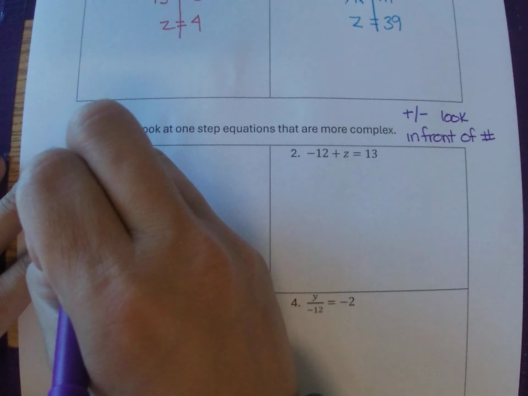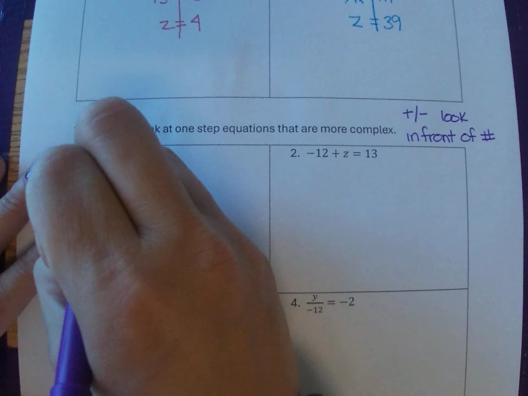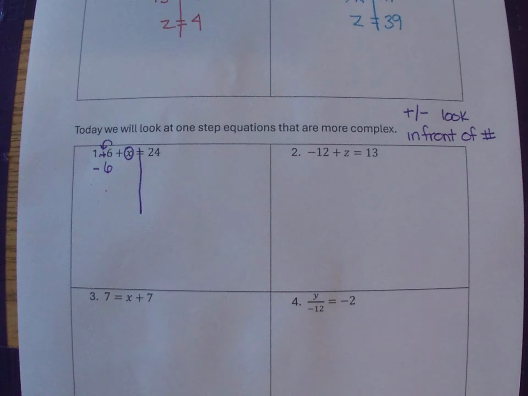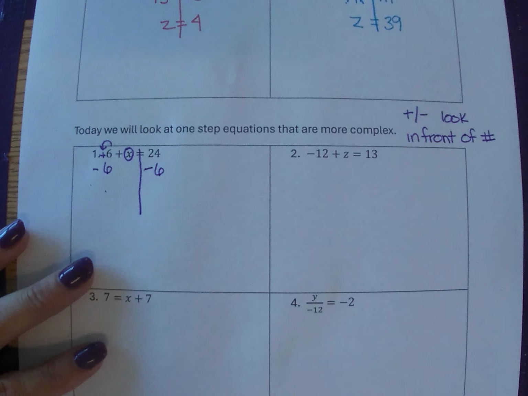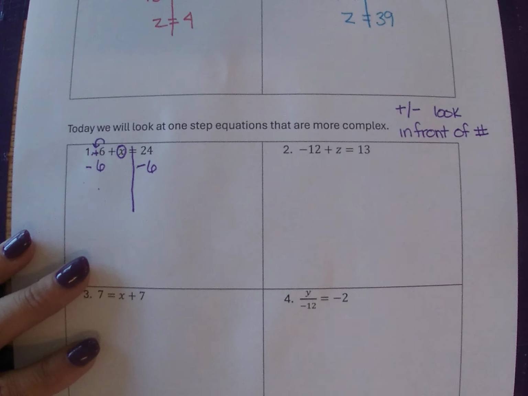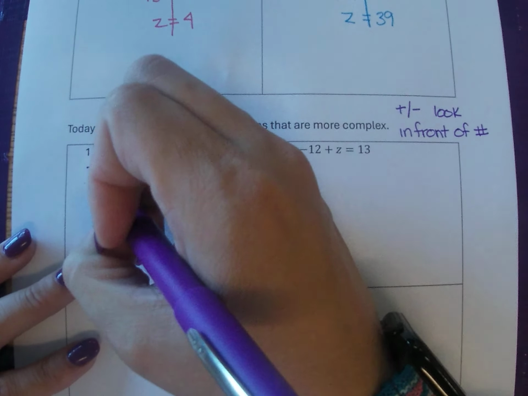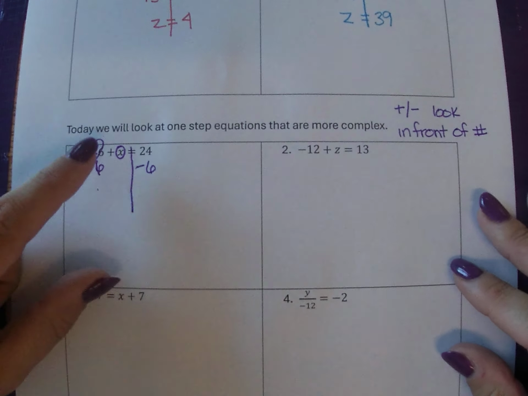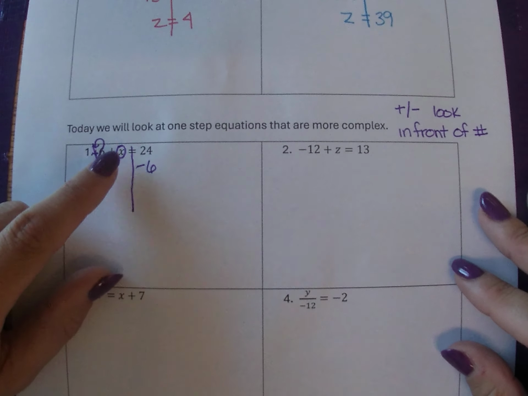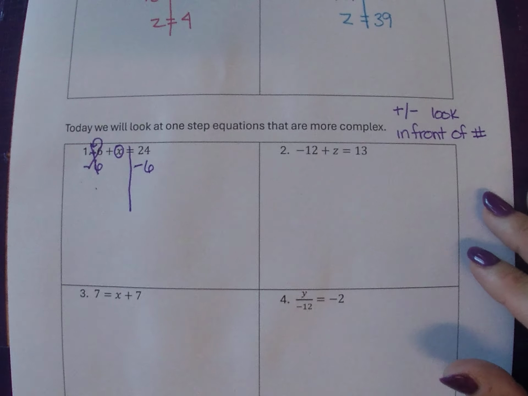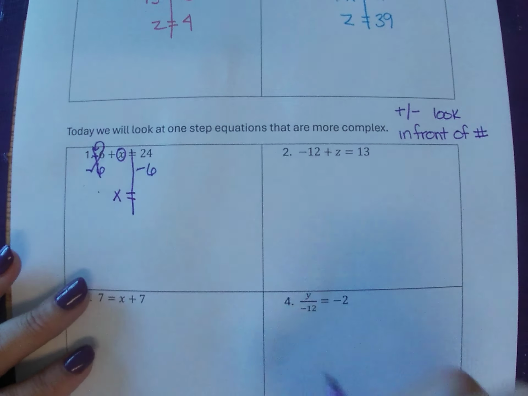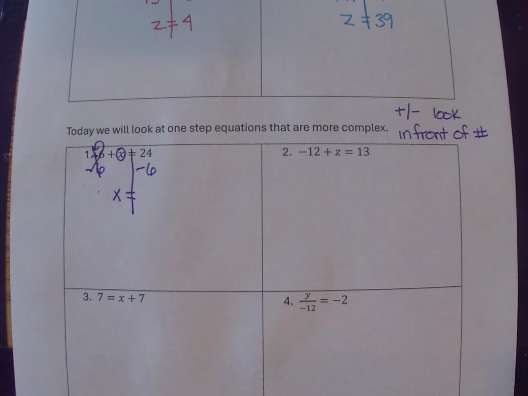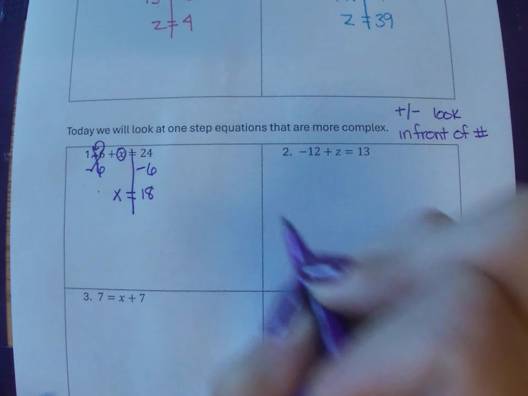So because this 6 is positive, a positive is addition, we will undo that with a negative, which is subtraction. And I'm going to write that once on each side of the equal sign. So these will still cancel each other out. And this will leave me with a positive x. I don't need to write down a positive sign, so that x is just going to come straight down. And then I'm going to take 24 minus 6, which will give me 18.